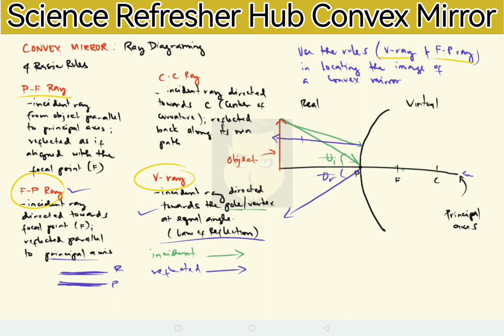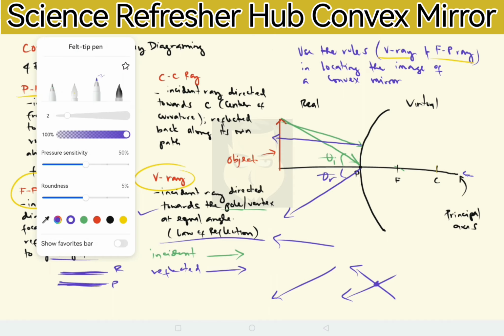These two lines here are not meeting each other, so they are parallel. Okay, next. Since there is no intersection, our reflected ray goes this way and then our second reflected ray goes this way. There is no intersecting of light rays here, so no image forms.